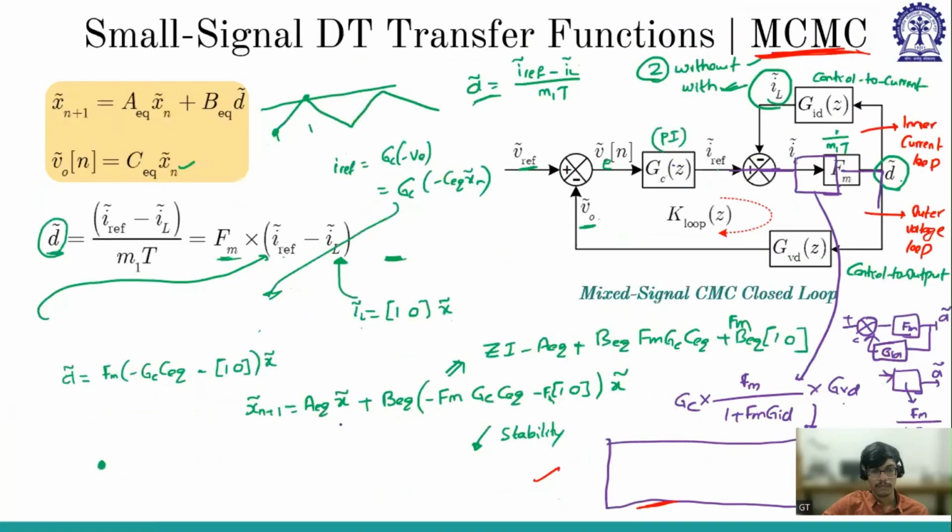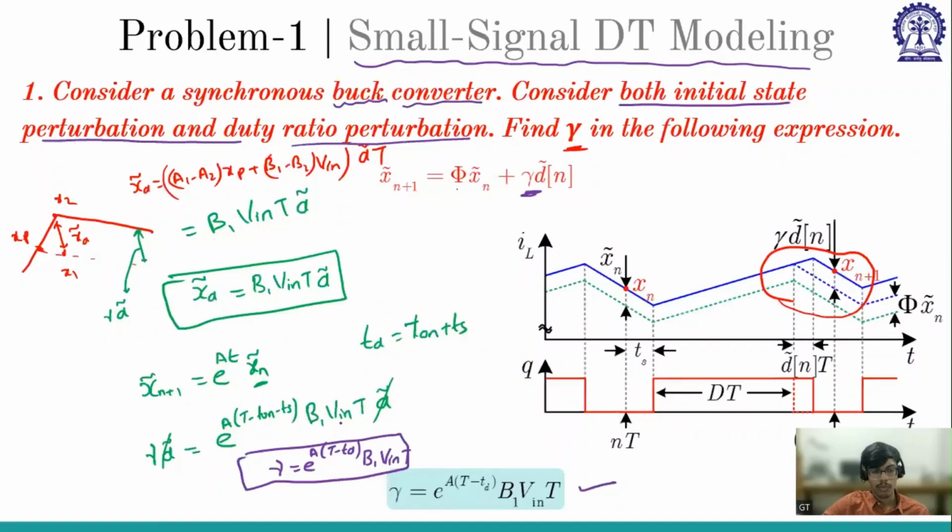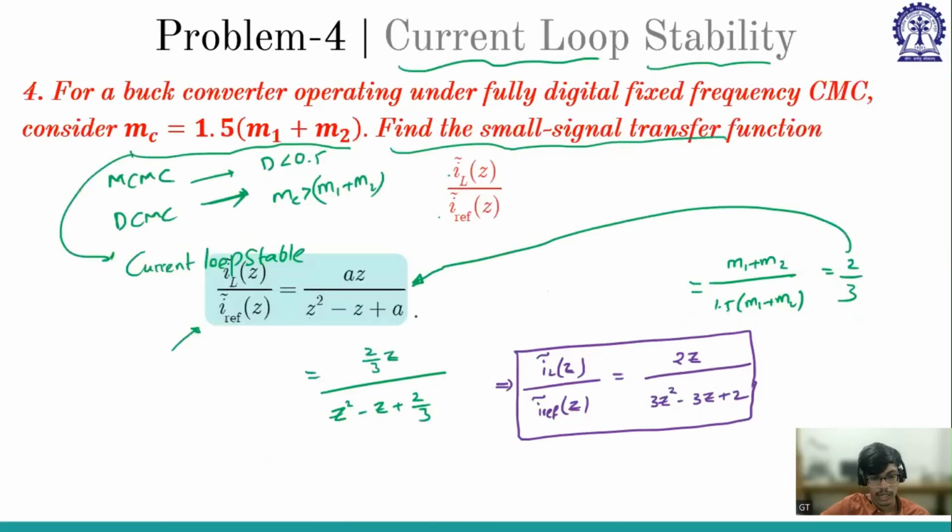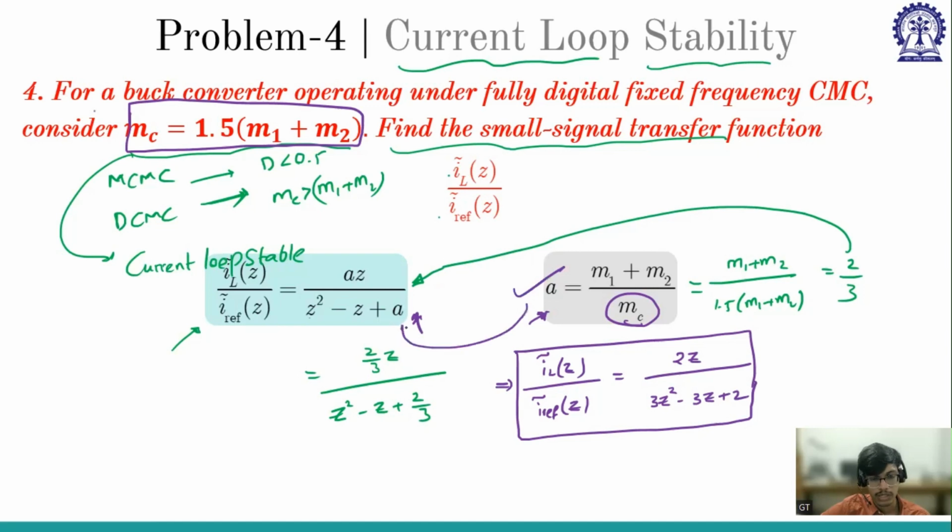So this is my problem 4. I know this expression, and I also know the A. For finding the value of A, I have given you MC as 1.5 times M1 plus M2. Substituting that, you will get A first, and then back substituting, you will get this IL by I reference perturb. Now, if you want to check, you can check the roots of this equation, whether mod Z is less than 1.